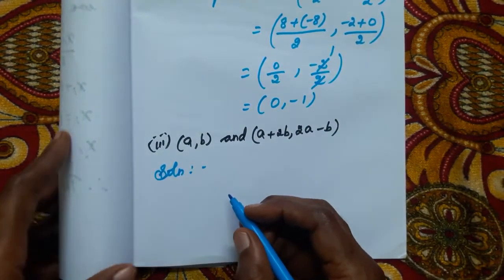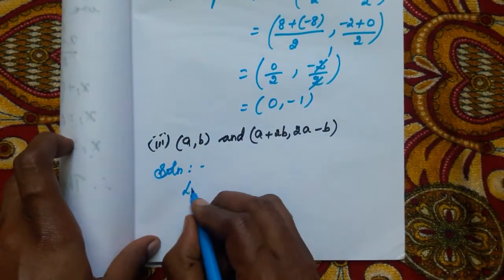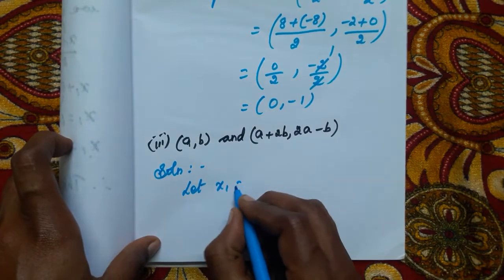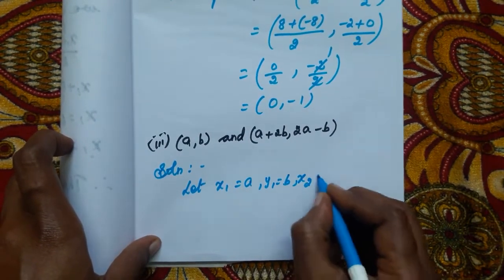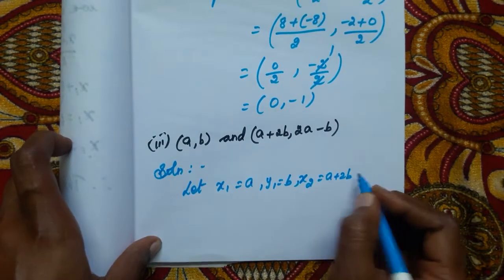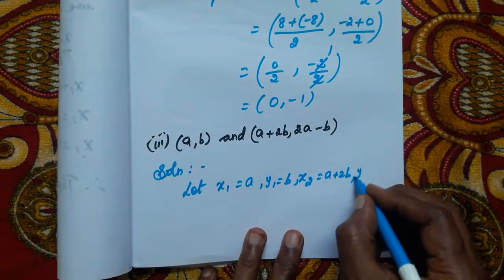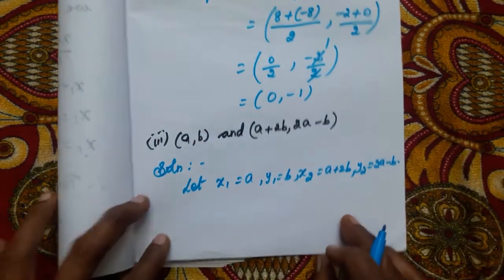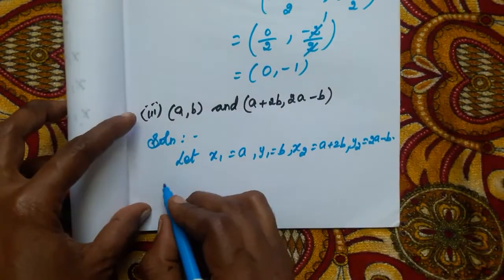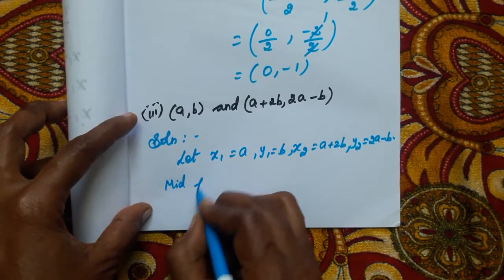Here also we want to find out the midpoint. Now I am taking x1 is equal to a, y1 is equal to b. x2 is equal to a plus 2b, y2 is equal to 2a minus b.